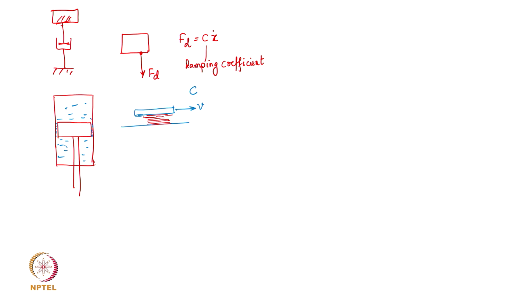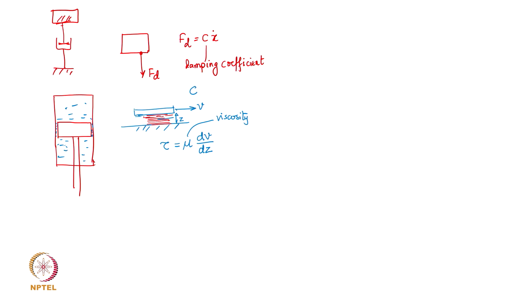And through Newton's law, we all know that the shear stress in the fluid film is proportional to the rate of shear, dV over dz, if z is the coordinate in the vertical direction. It represents the position across the thickness of this fluid film. The rate of shear and the shear stress are related through the coefficient of viscosity, right.